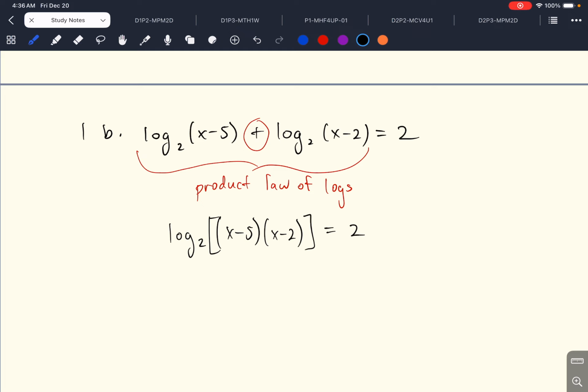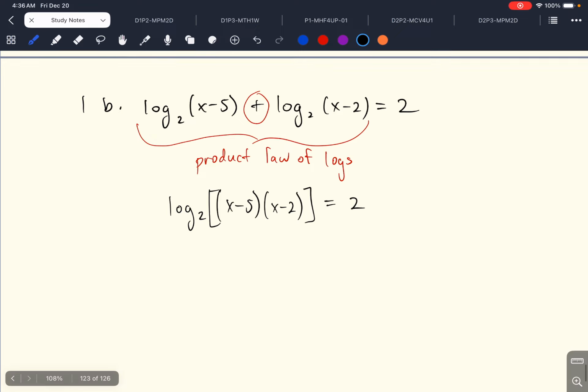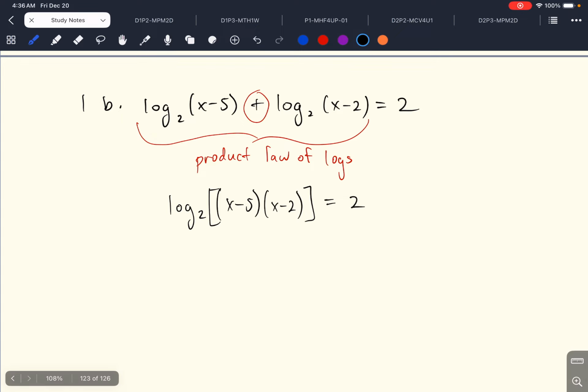Okay, and well, if I put this in exponential form, this says my argument, x minus 5 times x minus 2, is equal to, well, if I'm using base 2, it would be 2 to the power of the right-hand side, 2.